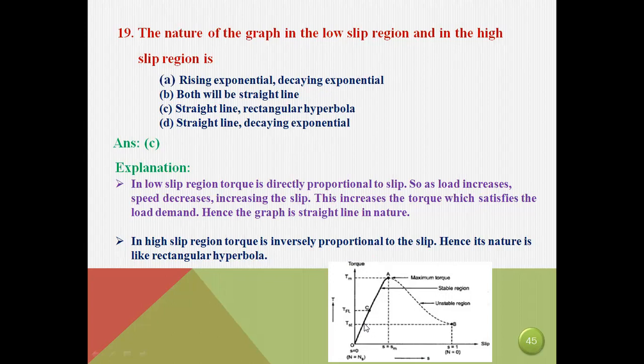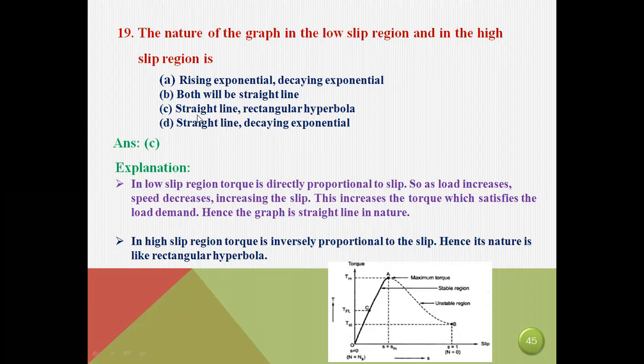Taking slip equal to 0 at the start, up to maximum slip, from 0 low slip it looks linear. At start, with slip equal to 0, the torque increases linearly with increase in slip. So you can say that it is a straight line.